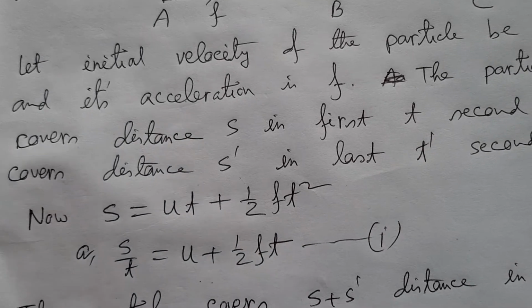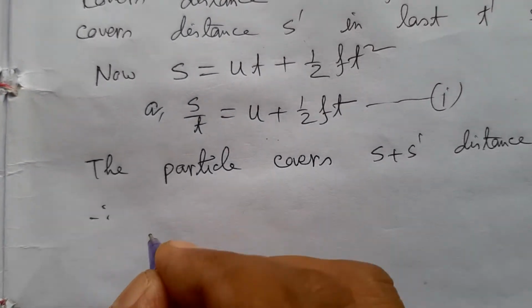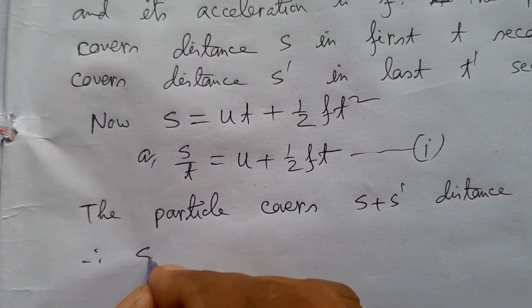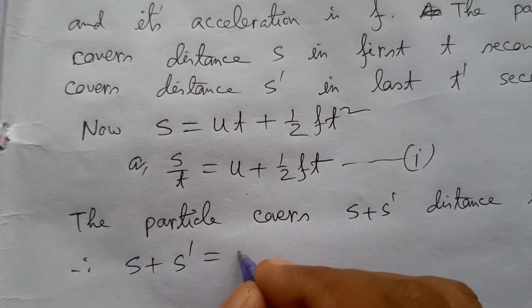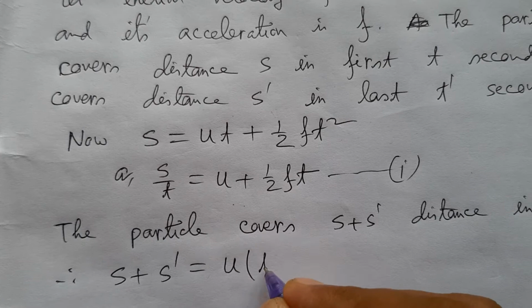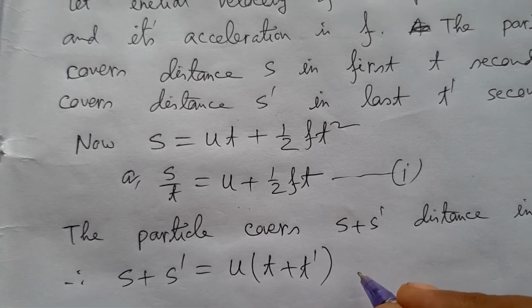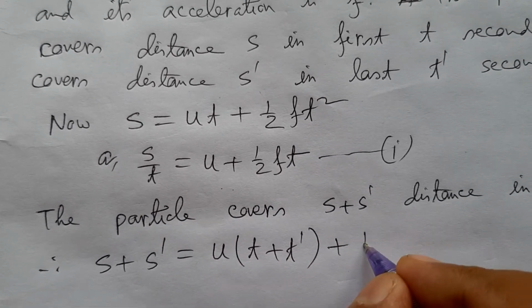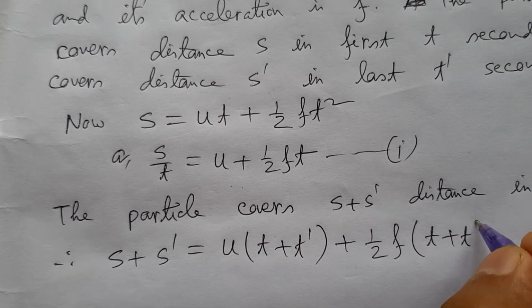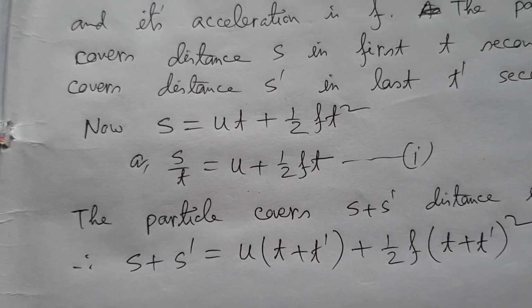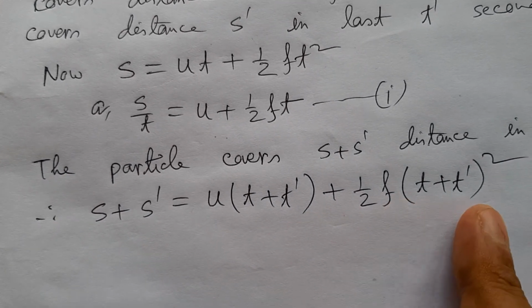From the second formula, s plus s prime is equal to u into t plus t prime, plus half of f into t plus t prime whole square.